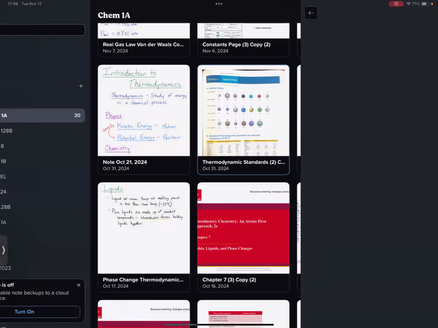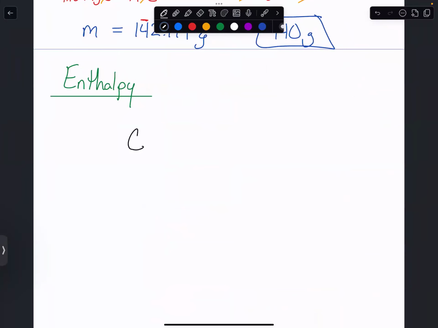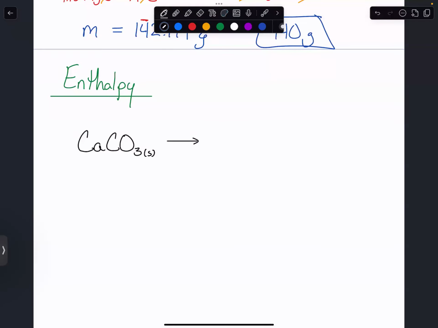Cool. All right. So calcium carbonate, when you heat it up, actually before it would melt, you wouldn't even get that high of a temperature because this thing starts decomposing into calcium oxide and carbon dioxide.